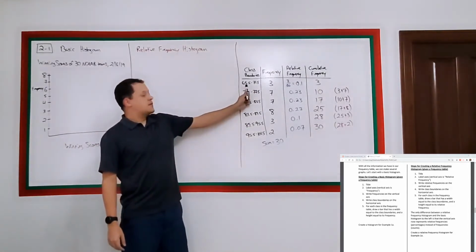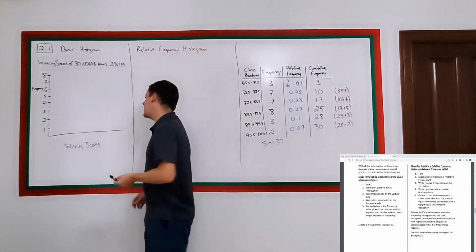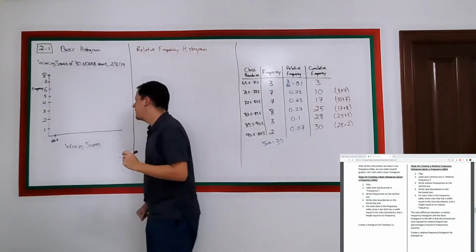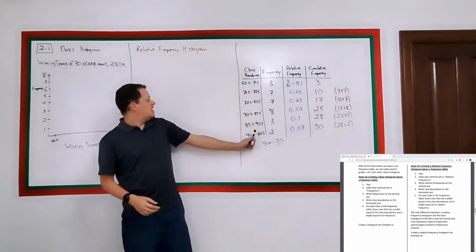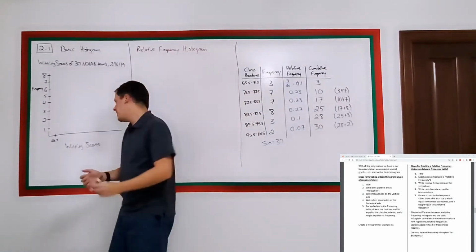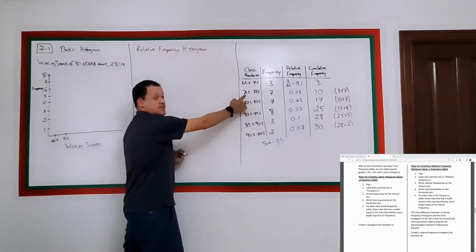Starting with the smallest one, the first lower class boundary here is 65.5. So that's going to be the first number here. Every other unique number in this column is going to go here. So the next one's 71.5. This is also 71.5.